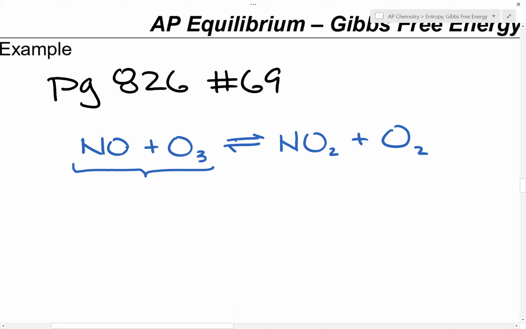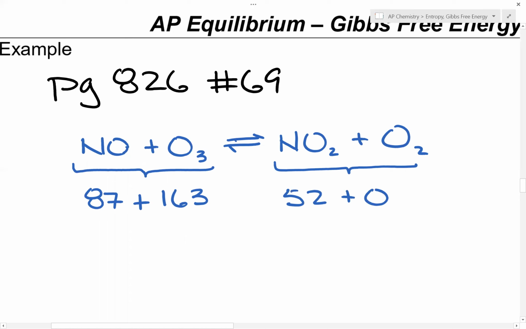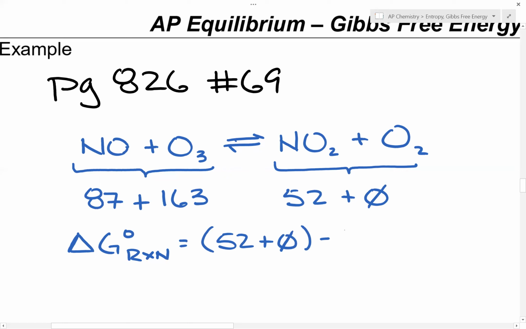So nitrogen monoxide gas, NO delta G is 87, plus O3, this would be 163. Here, NO2 would be 52 plus 0. Okay, so your delta G naught for the reaction is equal to 52 plus 0 minus 87 plus 163.